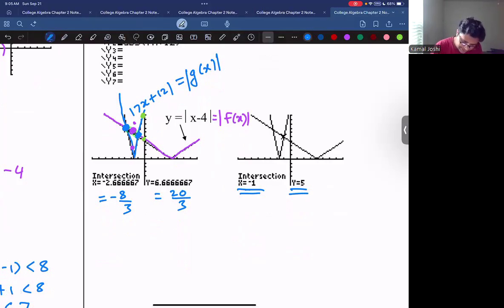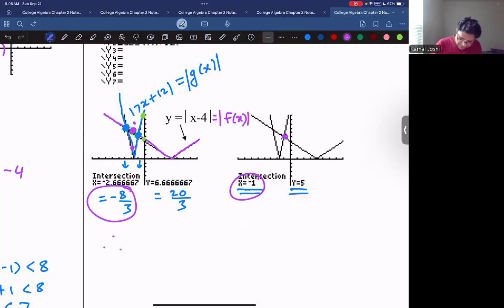To find the solution, which is the x values, I have to see the coordinates of this point and this point here. And our answer is already there, because we have the left point -8 over 3 and the other point is -1.